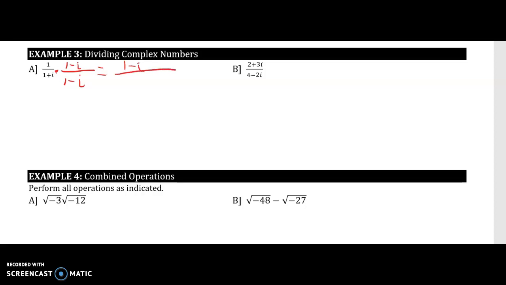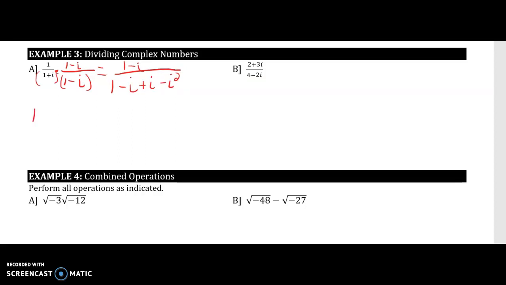On the bottom, we're going to multiply. We're going to put these in parentheses if it makes your eyes feel better. But you're going to get 1 minus i plus i minus i squared. You get all that stuff on the bottom.